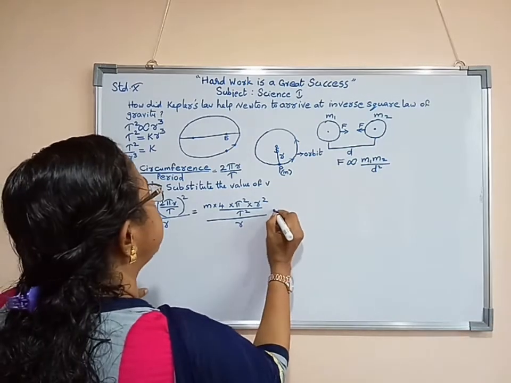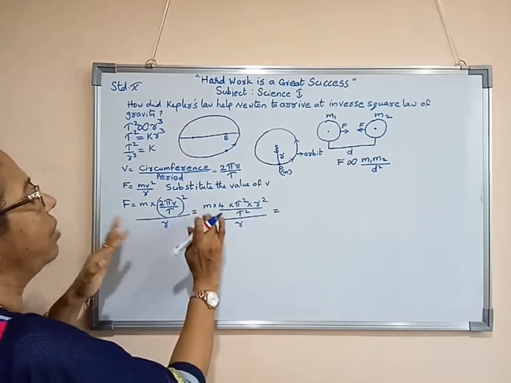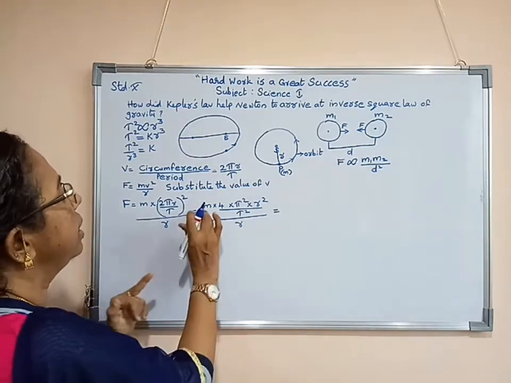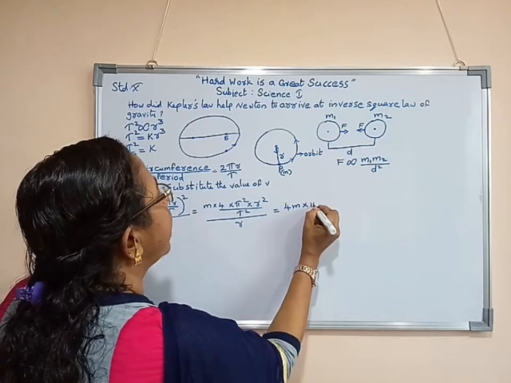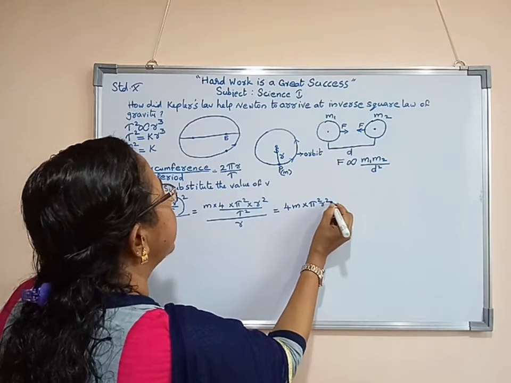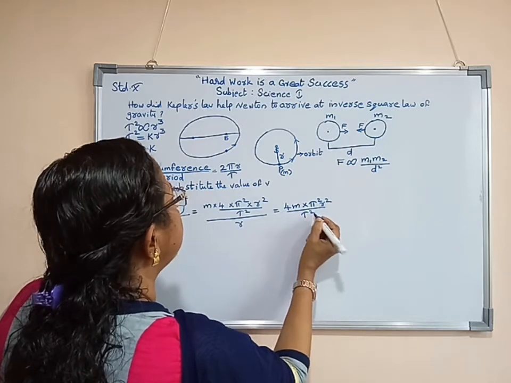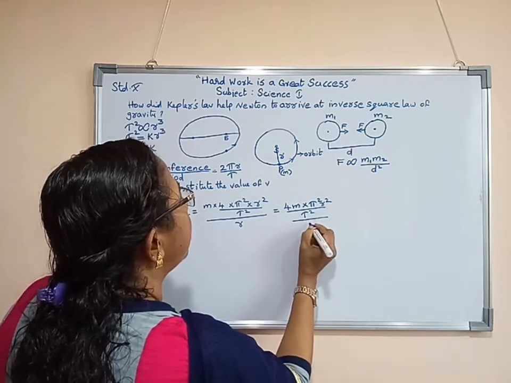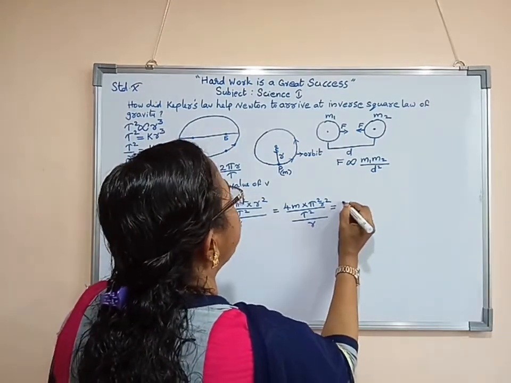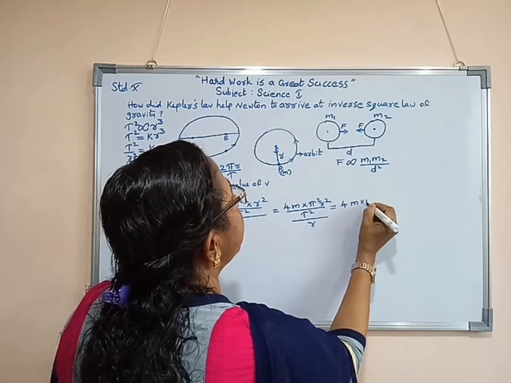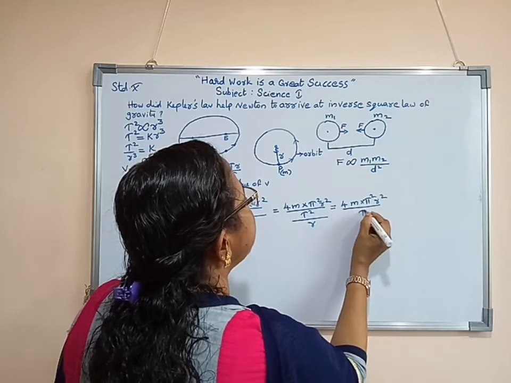Children, here this force is common, so everywhere I am not writing F. So m into 4 is 4m into pi square r square upon t square, again upon r.